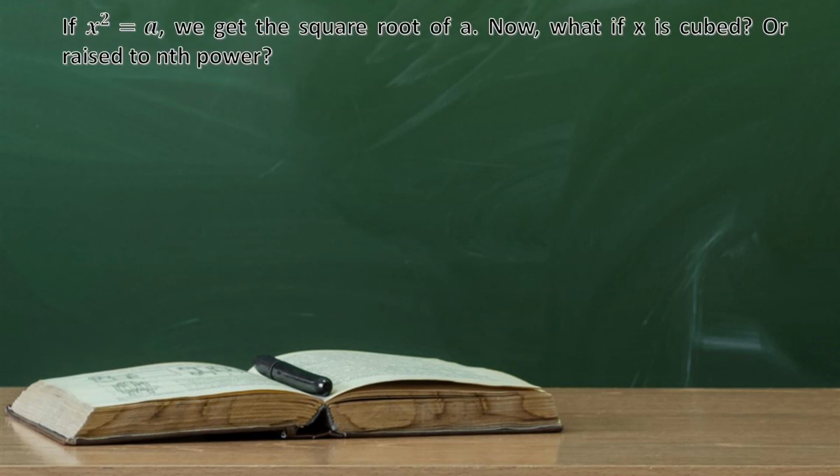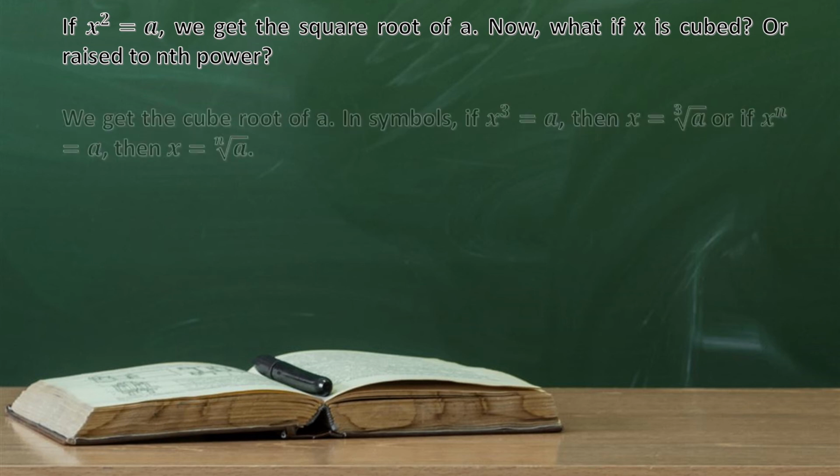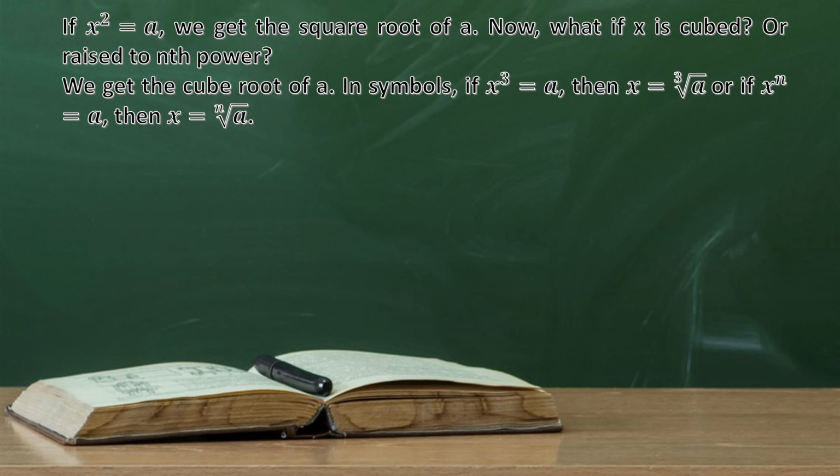If x squared is equal to a, we get the square root of a. Now, what if x is cubed, or raised to the nth power? We get the cube root of a in symbol. If x raised to 3 is equal to a, then x is equal to the cube root of a, or if x raised to n is equal to a, then x is equal to the nth root of a.